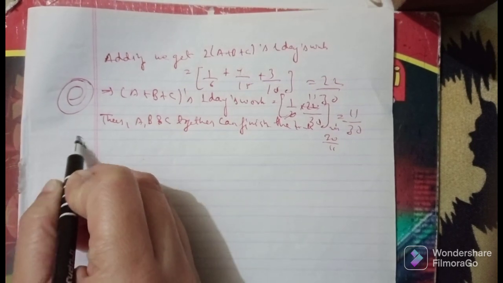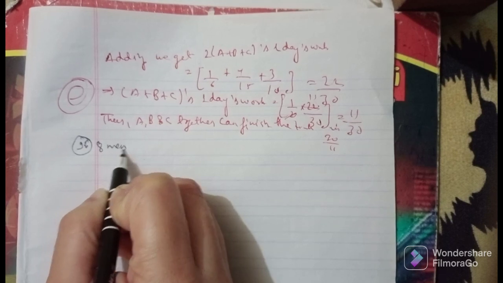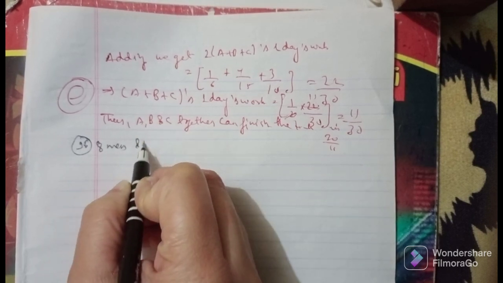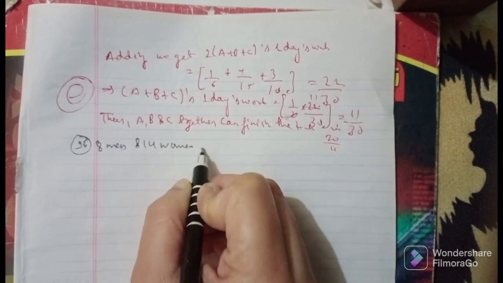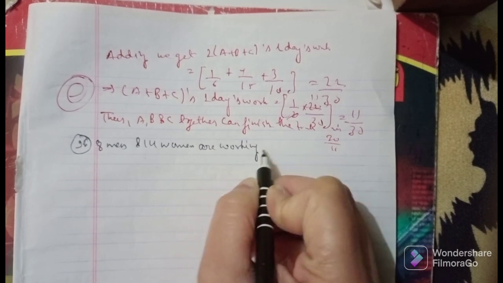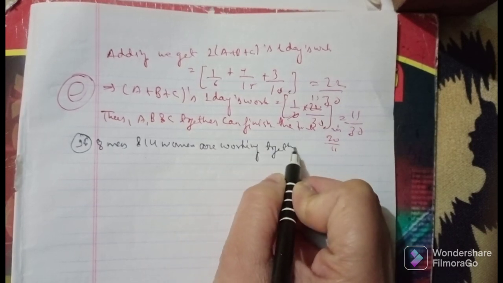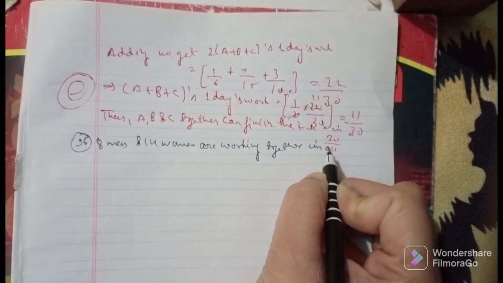96th question. Eight men and 14 women are working together in a field.